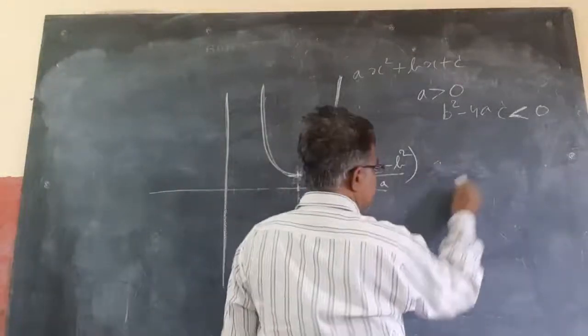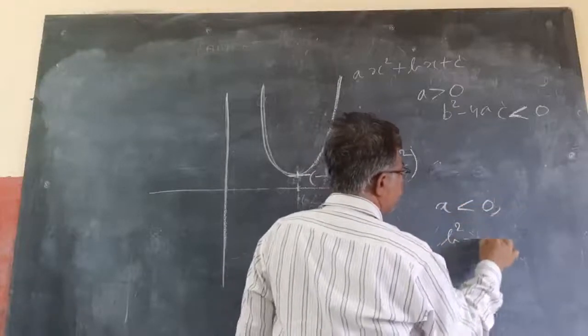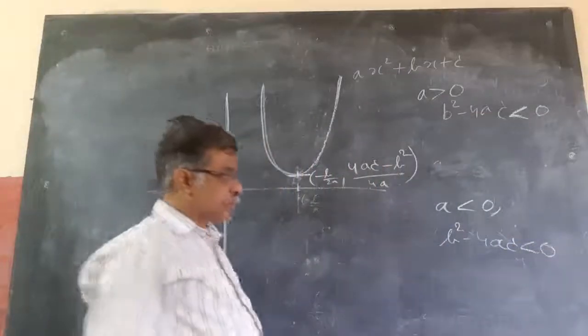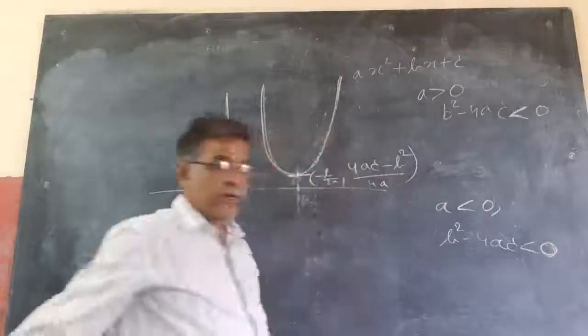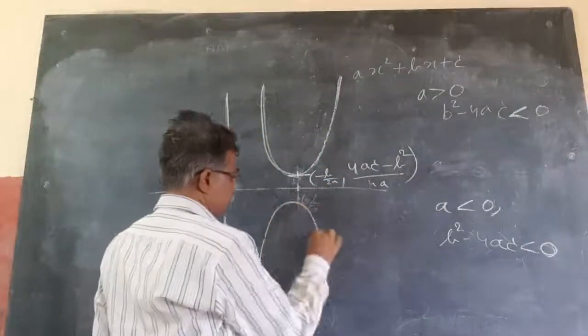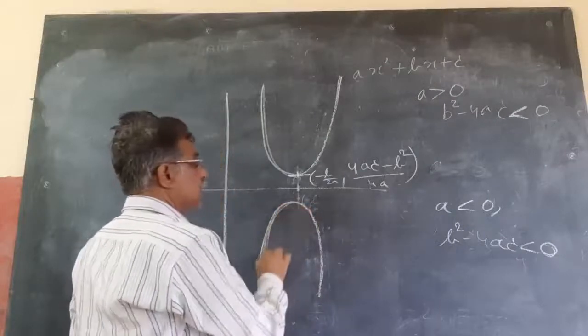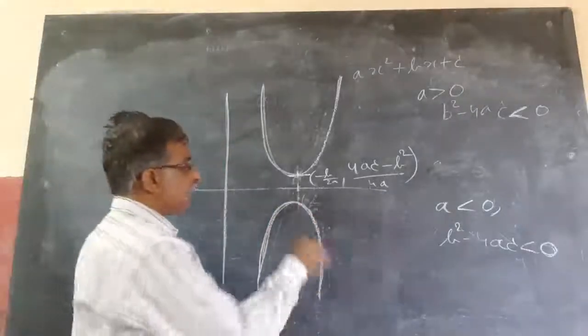Say if a is less than 0 and b square minus 4ac is less than 0, the graph will be like this. If a is less than 0, as we discussed in the last class, it contains a maximum value.